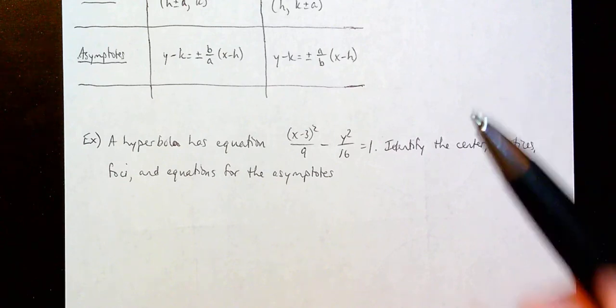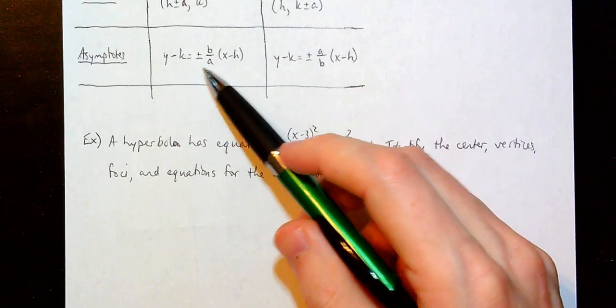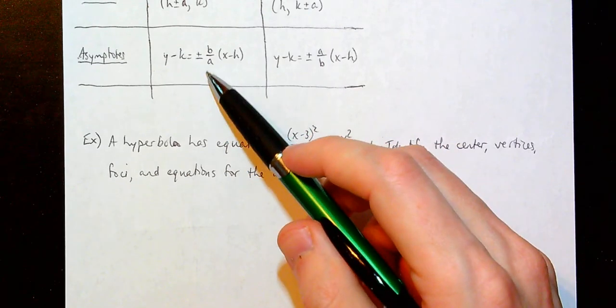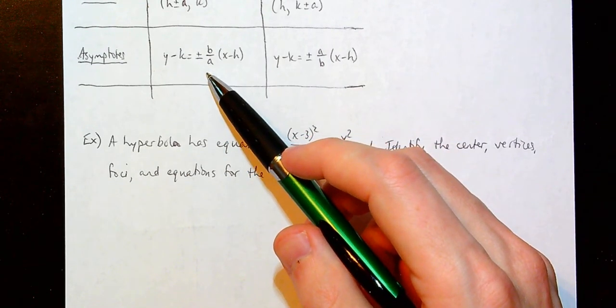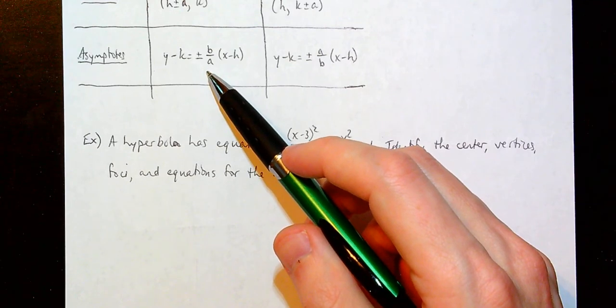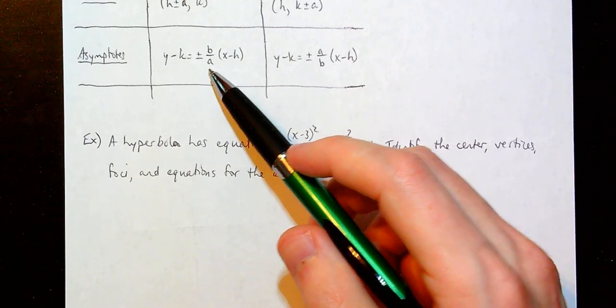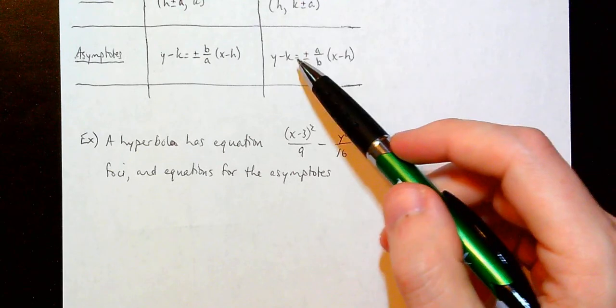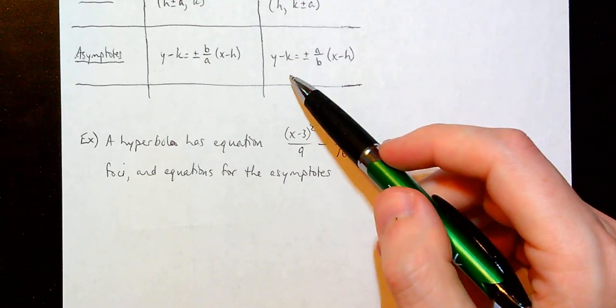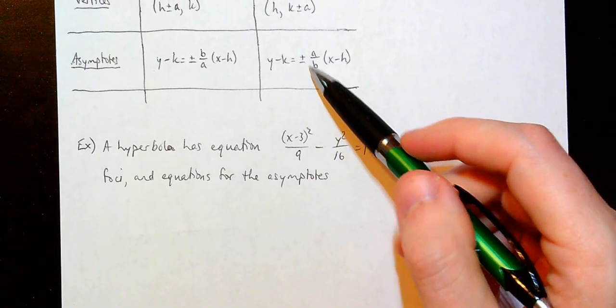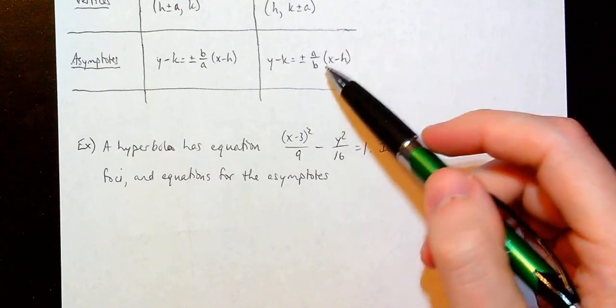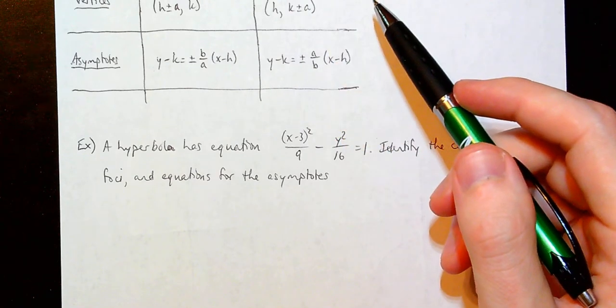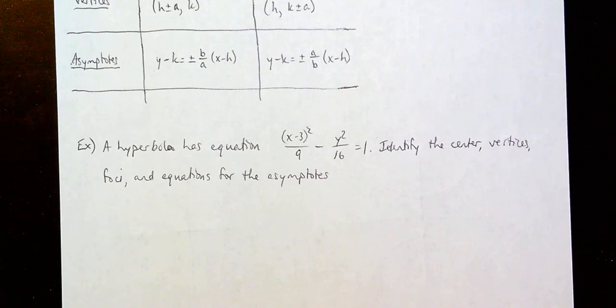So 2 lines we get here. The only thing that differs really is their slope. They have opposite sign slopes. If you have a vertical transverse axis, then it's y minus k equals plus or minus a over b times the quantity x minus h.